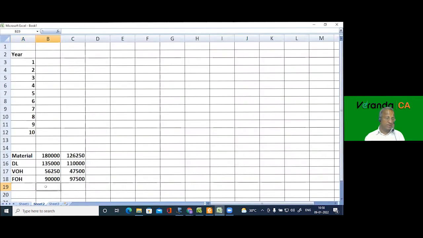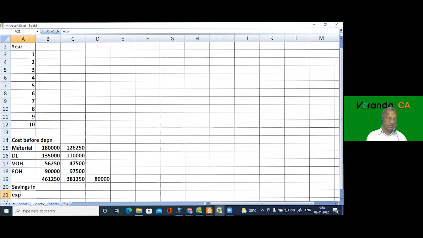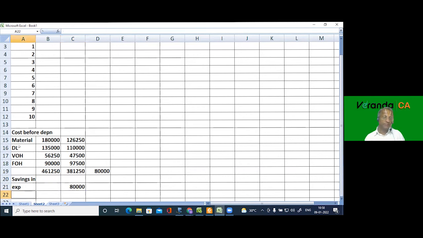So now let us take up before and after. Cost before depreciation. So what is the increment? What is the savings? Savings in expenses being 80,000. How come? 4,61,250 minus 3,81,250.